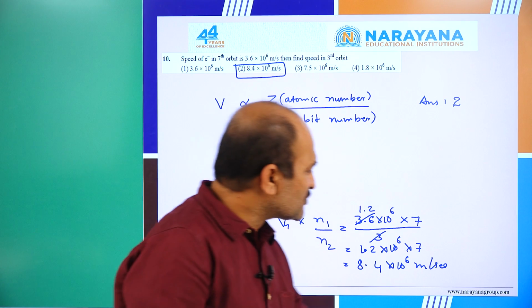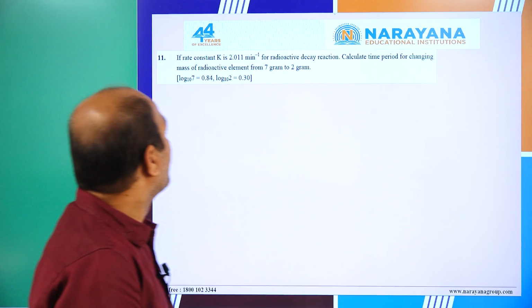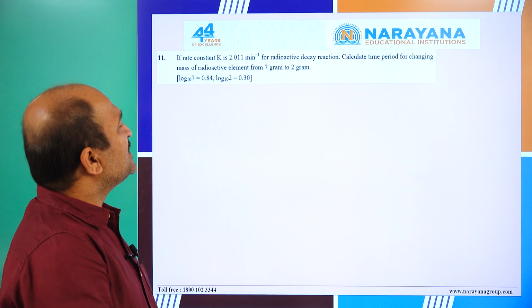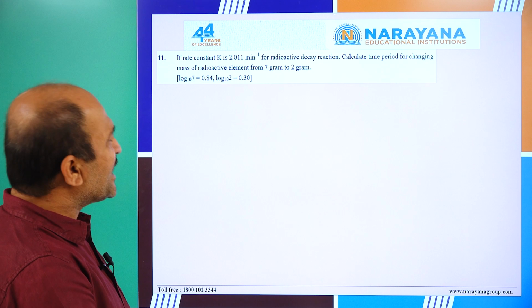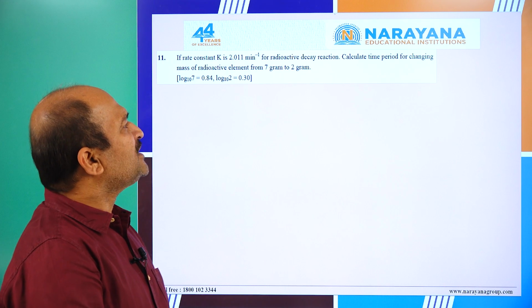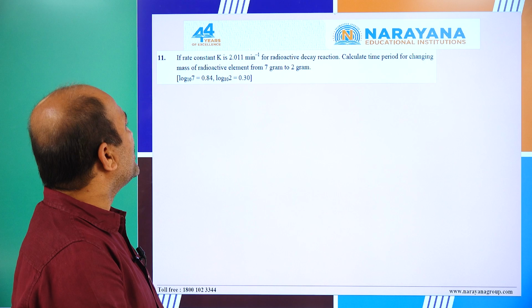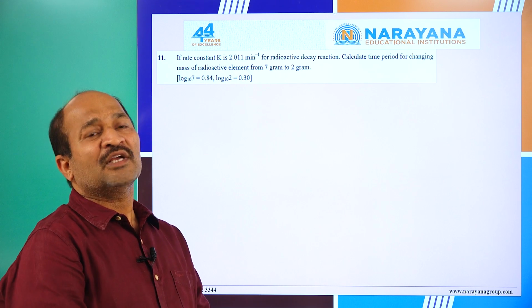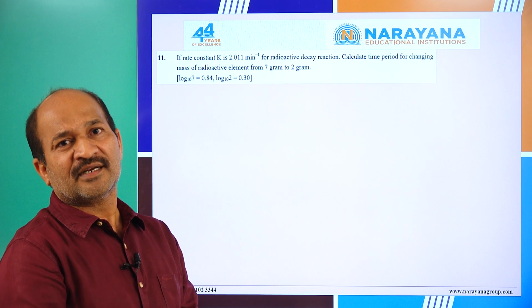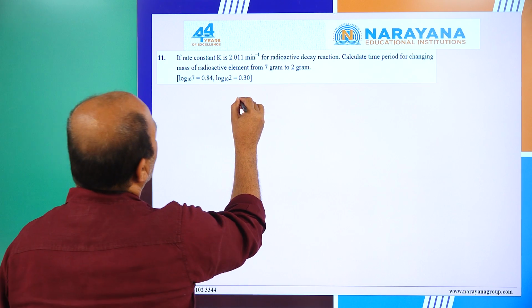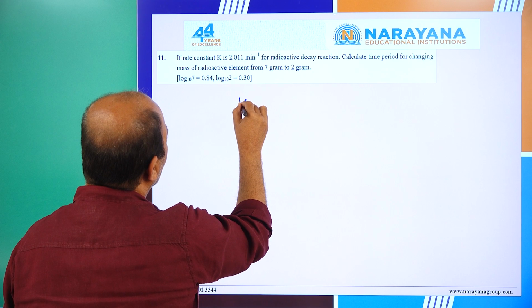Go for the next question, students. If the rate constant is 2.011 minute inverse for a radioactive decay reaction, calculate the time period for changing the mass of the radioactive element from 7 gram to 2 gram. Here radioactive decay means it is a first order reaction, right? For the first order reaction, what is the expression to calculate the rate constant?